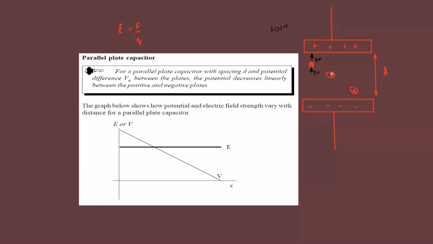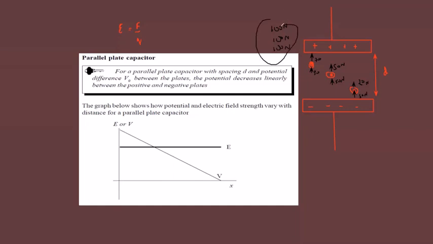Same way, if it is exactly at the center, attraction and repulsion will be the same. For example, the attraction is 50, the repulsion is also 50, but the result will be 100. And when it is near the negative plate, attraction is weaker but the repulsion is more, and the resultant force is in the same direction and with the same magnitude. Maybe this was 20 and 80, but the resultant force is the same in all cases.